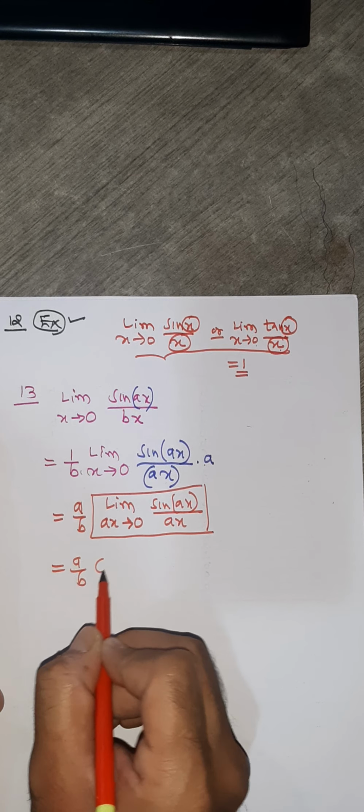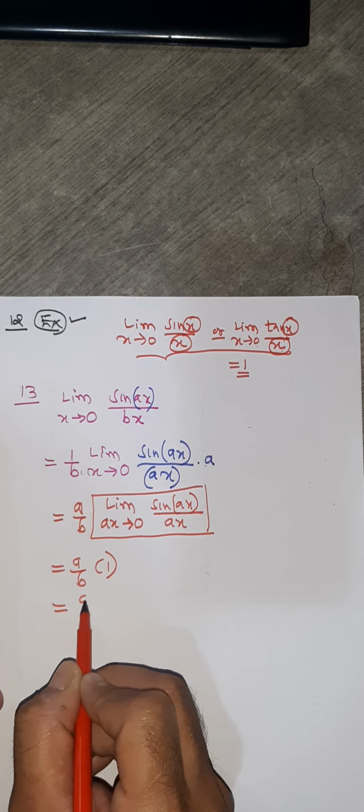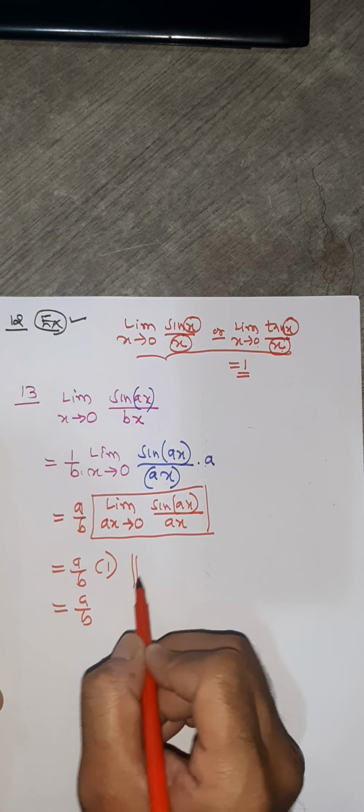So a by b into 1. So your answer is just a by b. Which formula have you used? Limit, you can write theta tends to 0, sine theta upon theta. Both should be the same, that's what I'm emphasizing. Or the angle should go to 0, then the limit is 1. That's what this formula and this formula say.